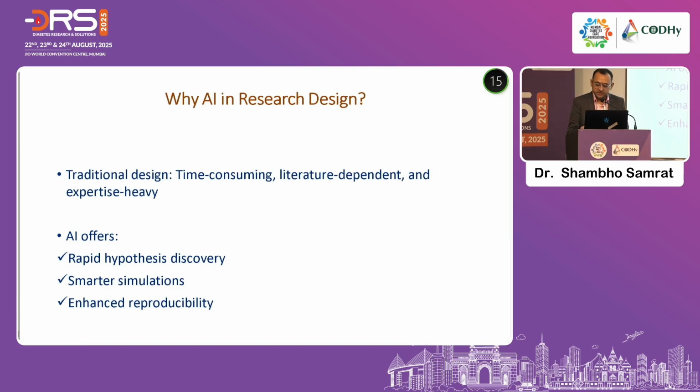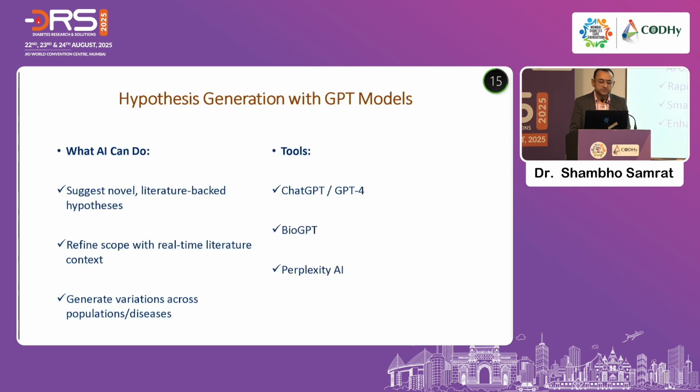So that is why we need artificial intelligence, which is a smarter solution, and of course it increases the reproducibility. And when we talk about research, the first step is hypothesis generation, and how we can generate hypothesis with the help of artificial intelligence. We will talk a little bit about that.